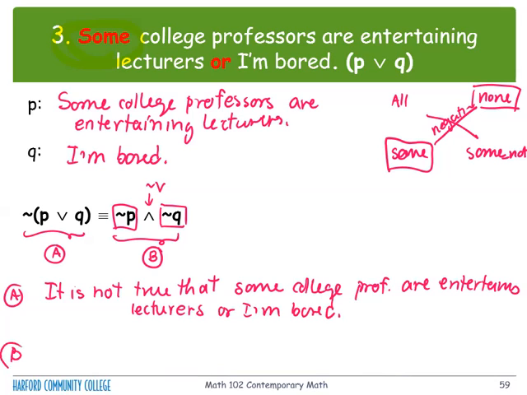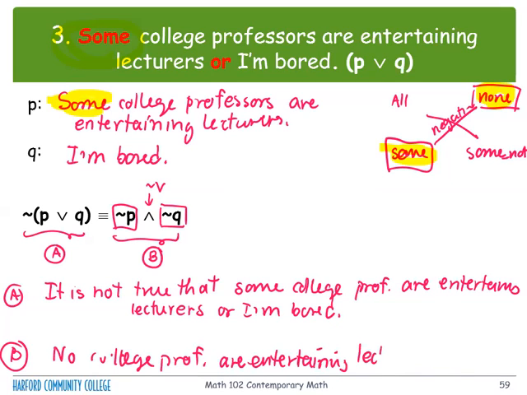And in part B, after applying De Morgan's law, the negation of P, from the quantifier some, we change to none: no college professors are entertaining lecturers.